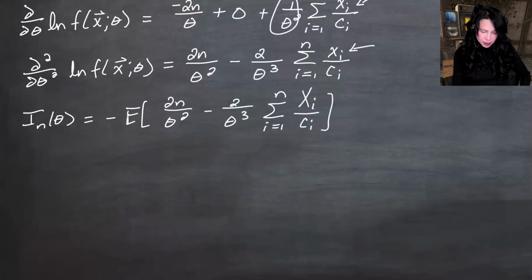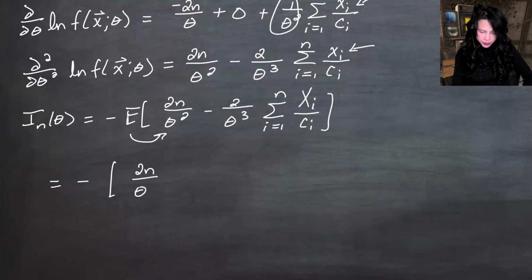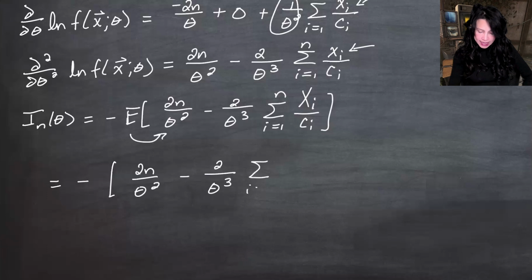So running this expectation across, you get the expected value of a constant, which is just the constant. So I've got this negative way out front, then 2n over theta squared, negative 2 over theta cubed. The expectation can come inside the sum. The 1 over ci can come outside of the expectation. So we've got something like this.